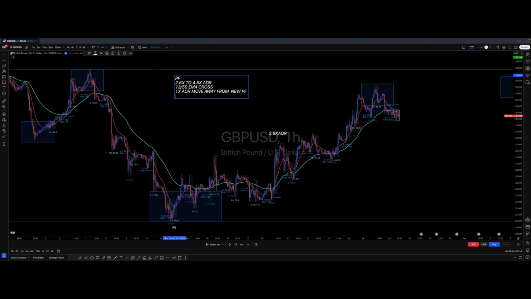And then you need a break of structure, a BOS. All right, so these are the things that you need in order to have a peak formation form.